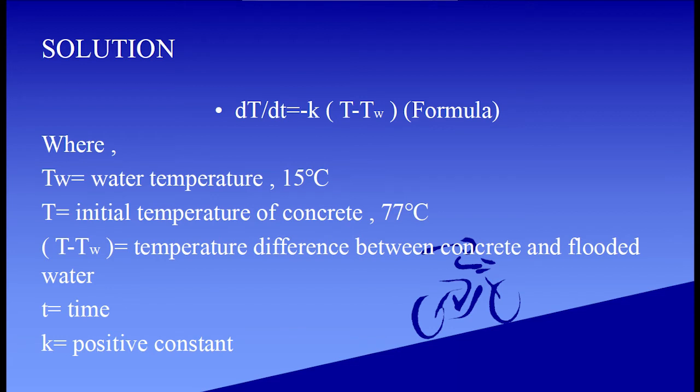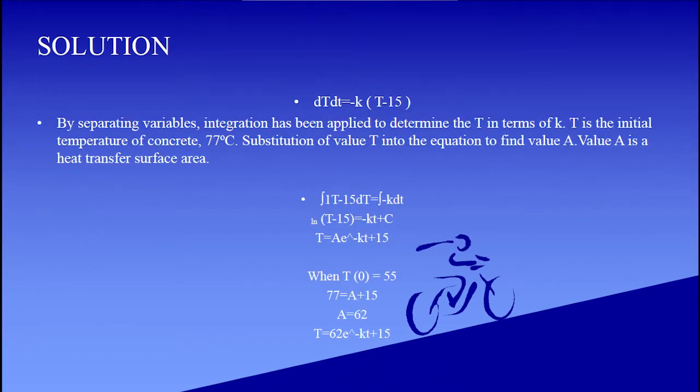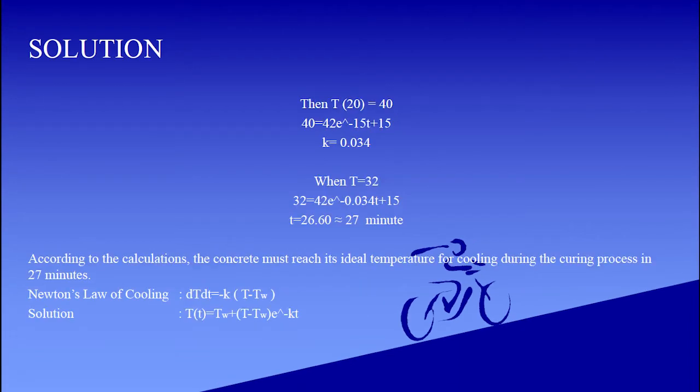Thank you. So now I will present the solution of the project. We are using the Newton's law of cooling formula to get the result of the calculation. So we substitute the values into the formula. From the equation, we get water temperature 15 Celsius, initial temperature of concrete 77 Celsius.